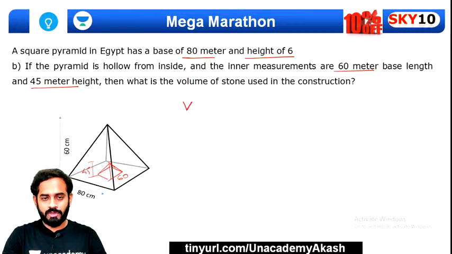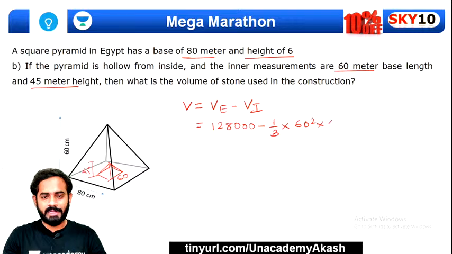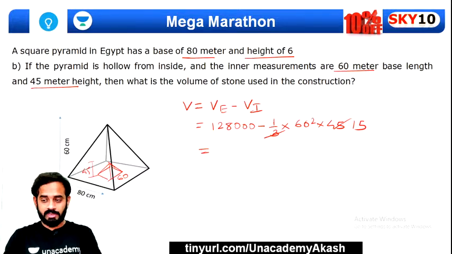So if you want to find the volume of remaining stone, how will you get that? The volume of utilized stone will be external volume minus internal volume, right? So external volume is what we already got, 1,28,000 minus 1 by 3 into area of base, that is 60 square, multiplied by height, that is 45. Okay, so 15. Now what will be the total volume, remaining volume?